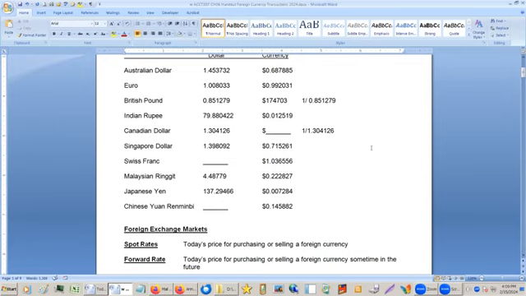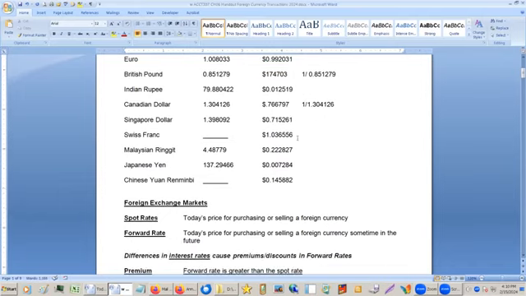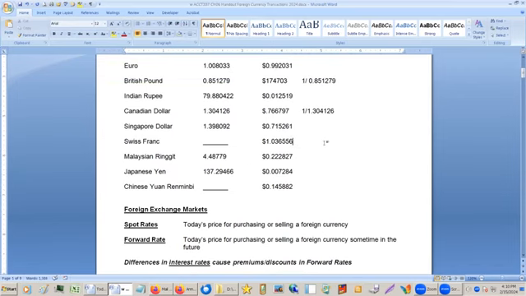Reciprocal of that, I don't know, 76, 77 cents, somewhere in there. And it works the same going the other direction.